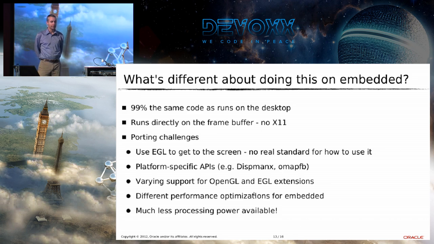Unfortunately, this is kind of a gap in the EGL specification. EGL being similar to GLX on the desktop, it defines how you access the frame buffer and render to it using hardware acceleration. There's no real standard for how to do that directly to the frame buffer.